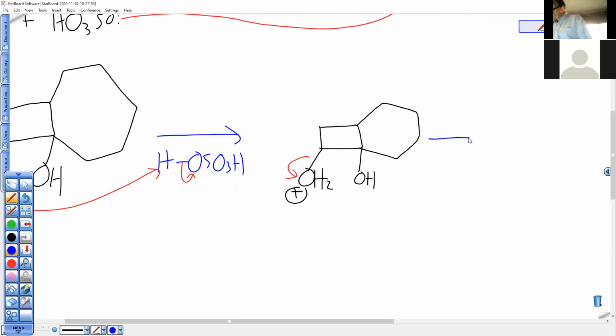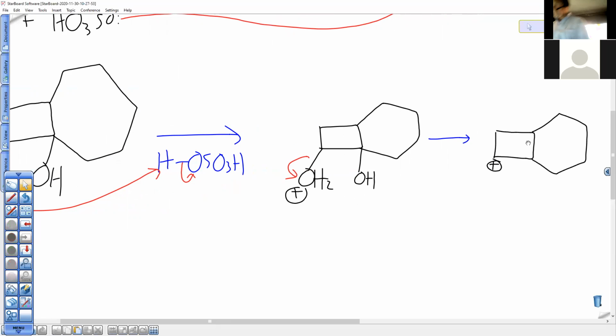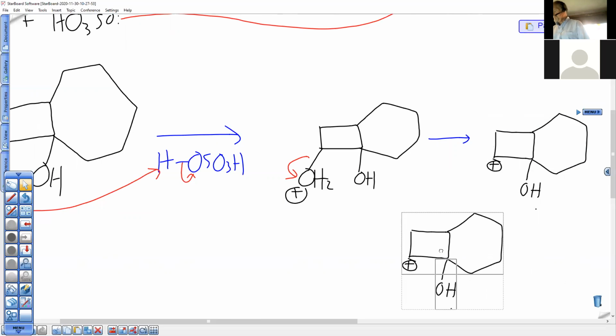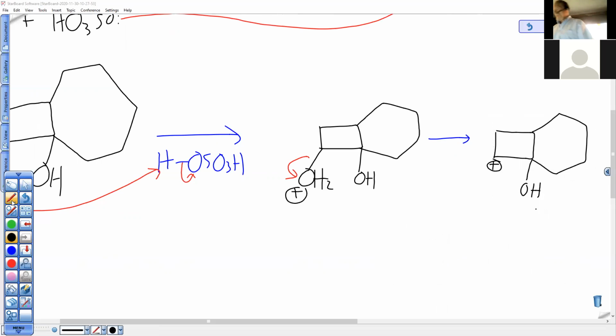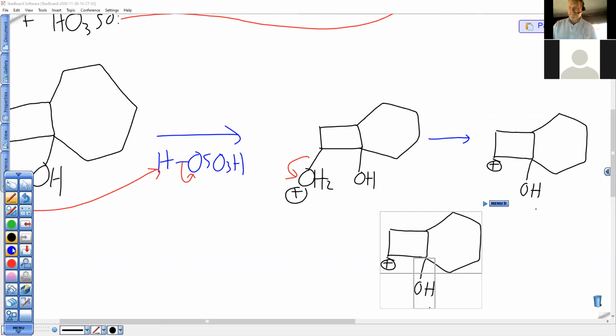Generating this strained carbocation. Oh, there's an OH on there. These are the same. I'm hitting keys I shouldn't be hitting. Not even really in a hurry here.